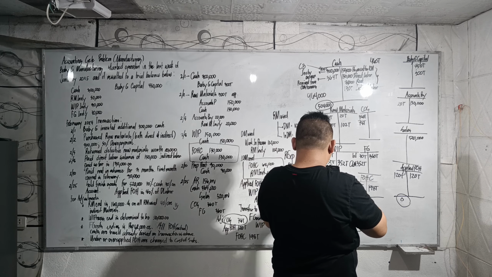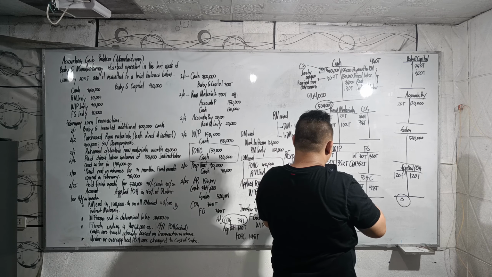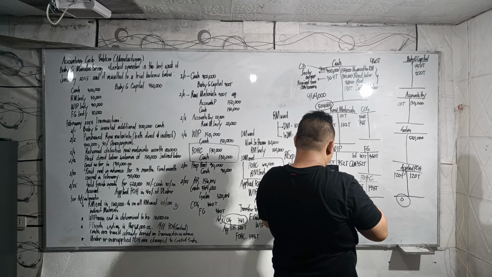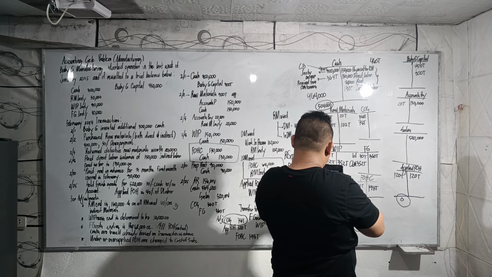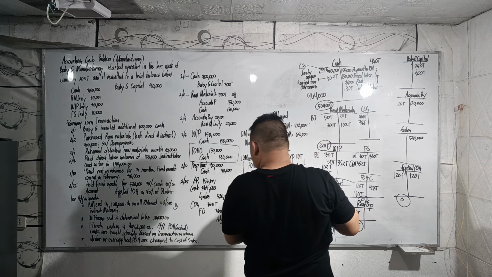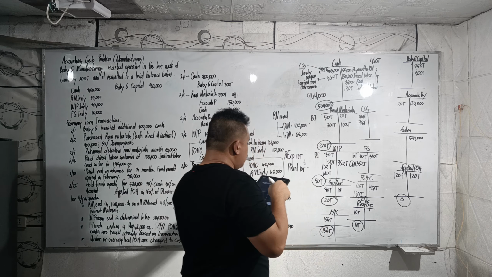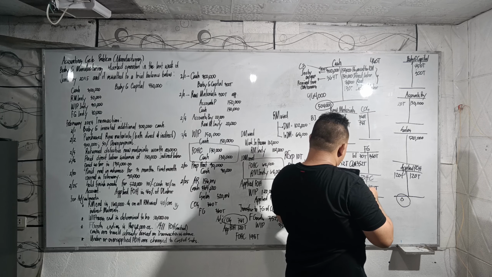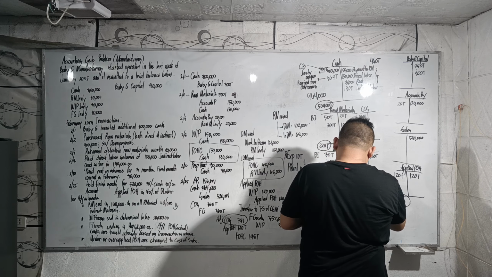The finished goods, you started with 70,000. You finished 352,000 during the current period. And then there is the cost of sales, 360,000. So we have 62,000.